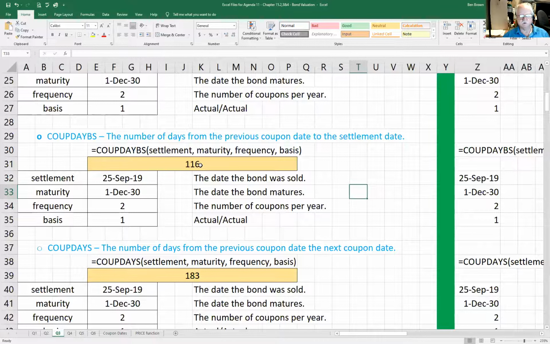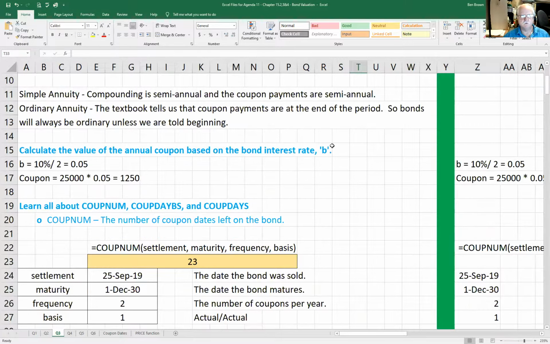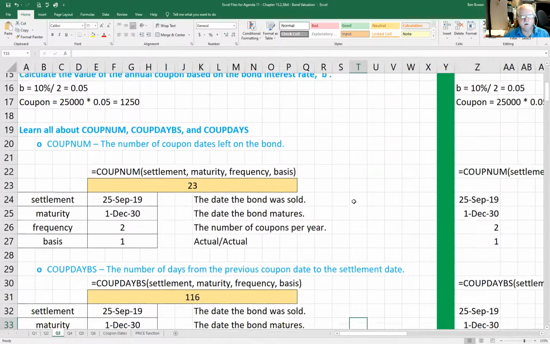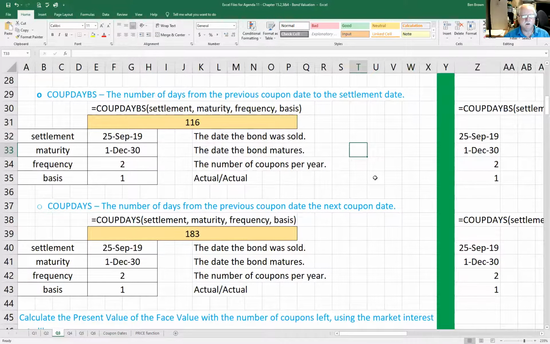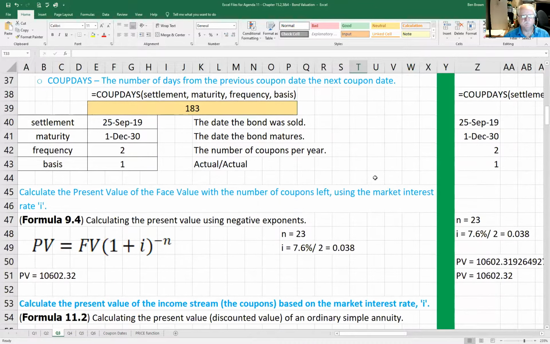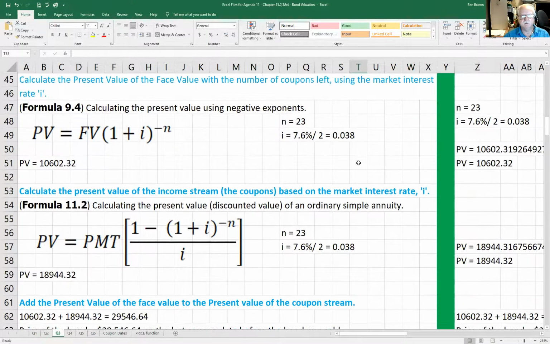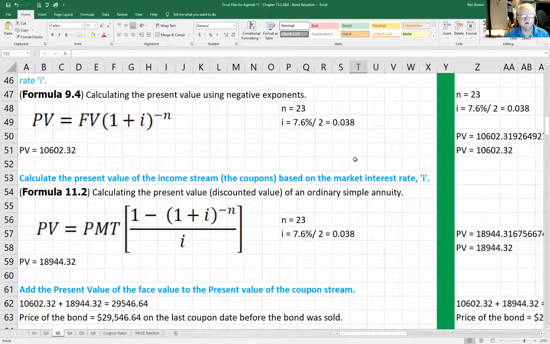But I'm going to go with the 116 here, and I'll figure out why that didn't work later. So we know the value of the bond is 1,250, and you're going to have to struggle with these coup num, coup day, and coup days. And then if we're calculating this thing by hand, it's now an even more complicated process.